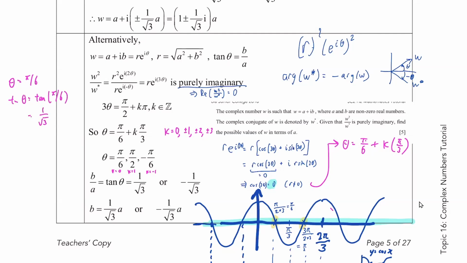Tangent 30 degrees is 1 over square root 3. That's the case 1, the K equal to 0 case. Then the next one, K equals +1, you just sub in the K with 1. You can check it on your own. You will get theta equals pi by 2, right? Then you take tangent of pi by 2. What's tangent of pi by 2? Pi by 2 is 90 degrees.